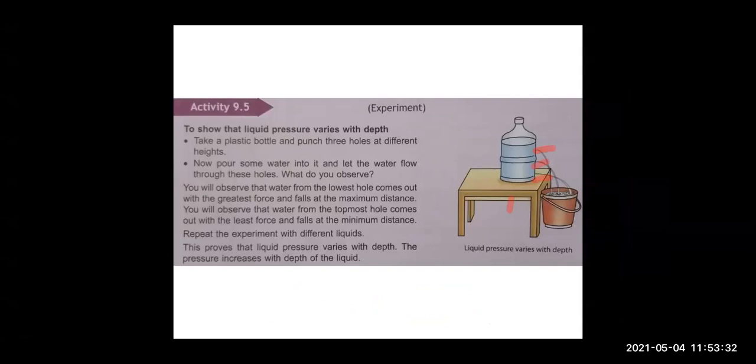The water which is coming out from the hole which is at the bottom, the lowest hole, which is at a distance of 6 centimeters, the water coming out is with great force. That water is falling at a greater distance. And then the second hole, which was at 4 centimeters, the water is falling with less pressure. And from the topmost hole, the water is falling with the least pressure, and it is falling near.